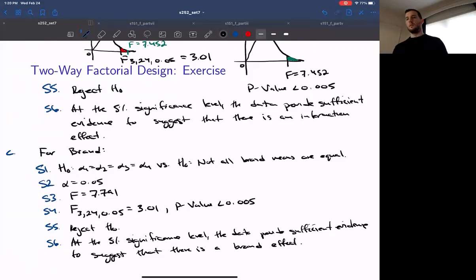This would really be the same thing as saying there's evidence of a difference between the means for each golf ball brand. Technically we're testing the effect of the brand. We have alpha 1 to alpha 4 in the null, so we're not directly testing the means, but this is the same consequence in the end.